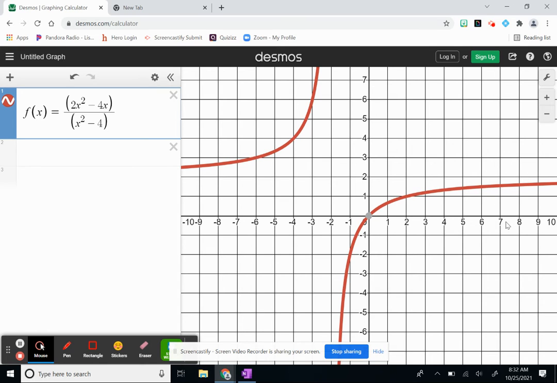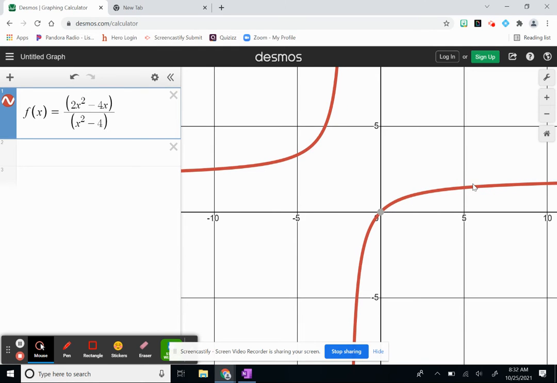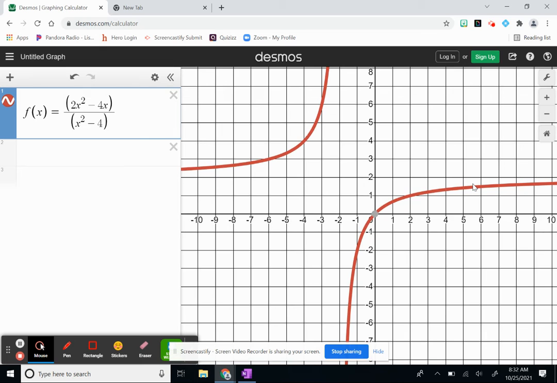Now, Desmos, just like other graphing apps, is not going to graph the asymptote for you. But we talked about how I have an asymptote at y equals 2, which makes sense if I zoom out. I lose some of my detail because I'm in projection mode. If I were to zoom out, you would be able to tell that the graph approaches this line y equals 2 but doesn't cross it. And the same thing with x equals -2. It approaches this, but it doesn't cross it.